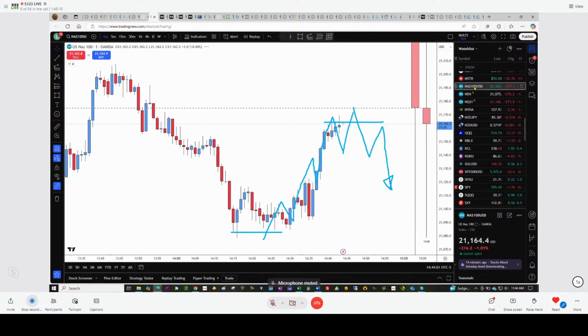The NAS is pushing up higher at this point. Very close. Yeah, but NAS had only a 1 candle consolidation, or call it 2 candle consolidation, and it's now pushing higher.